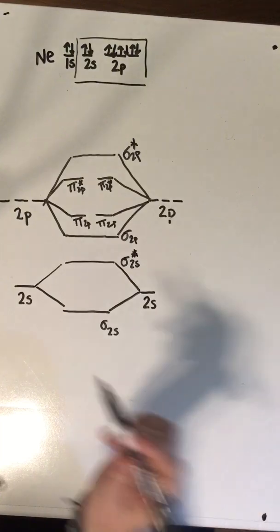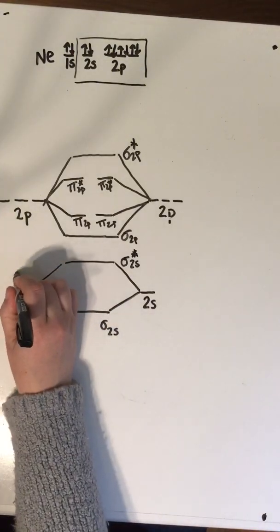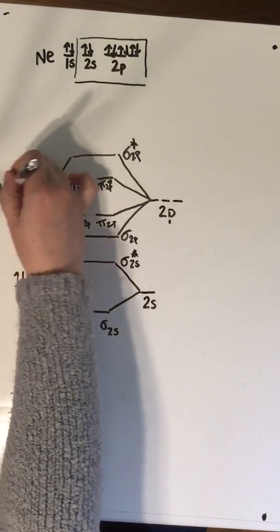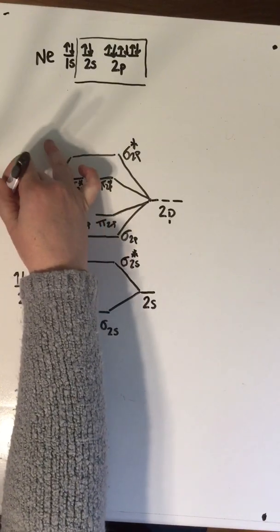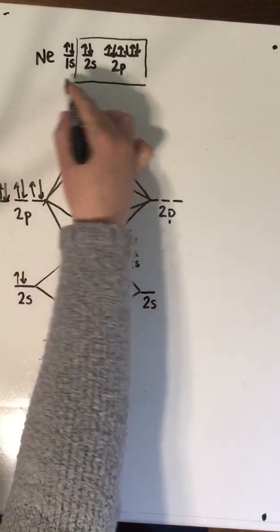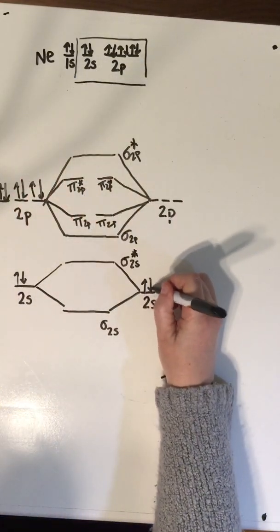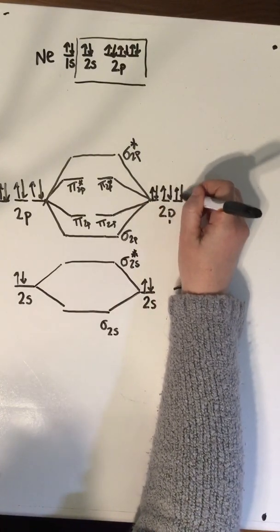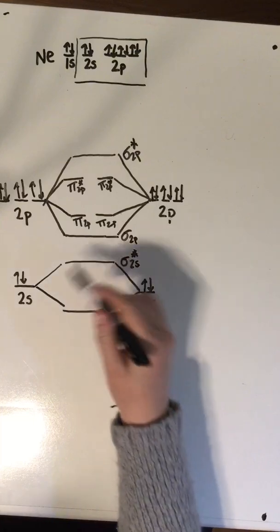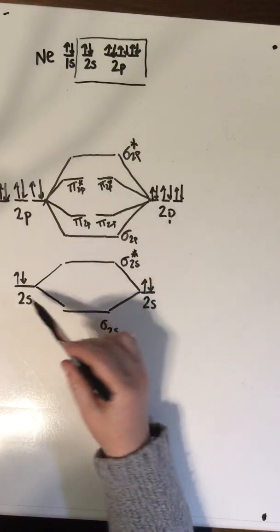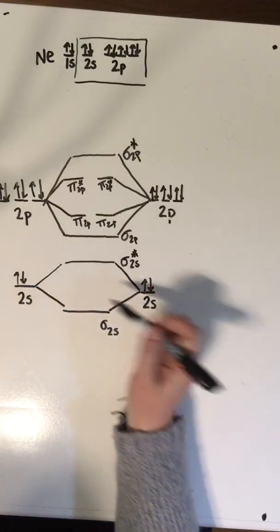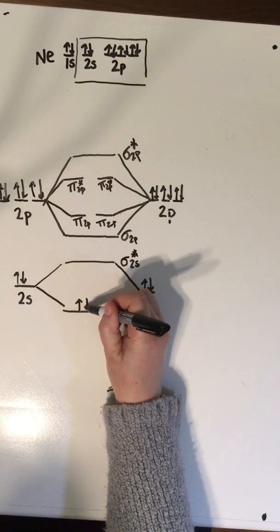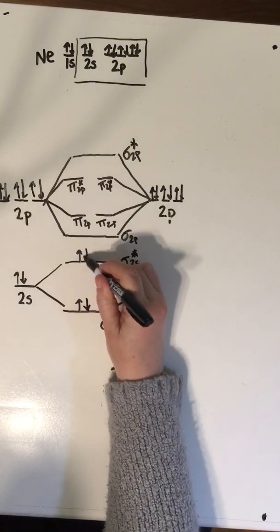Now we just need to figure out how many electrons total we need. So we think about our atomic orbitals, the ones that we had already filled in for neon, and of course we have two of those. So we'll fill in all of those electrons over here, and that'll tell us how many electrons to fill in our molecular orbitals. So here we need 1, 2, 3, 4 total electrons, so we fill in from the bottom, 1, 2, 3, 4.